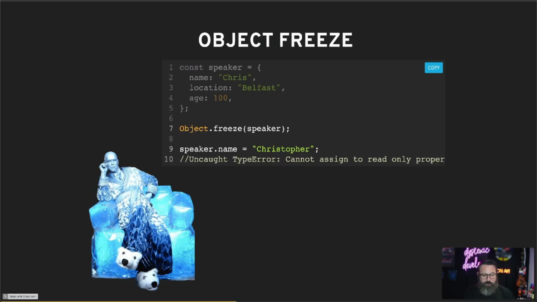Say you were passing speaker to a function and then to another function, someone might not know the speaker was a const and may try to make modifications to it if they're not following immutable best practices. So calling Object.freeze completely prevents this and means that the application will stop and completely error out.